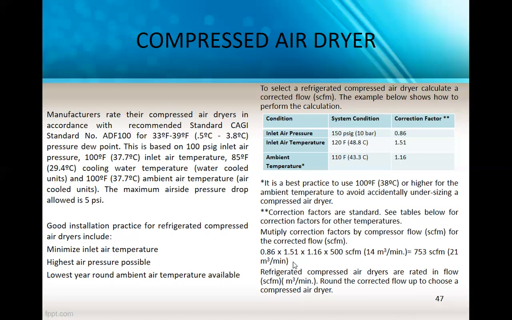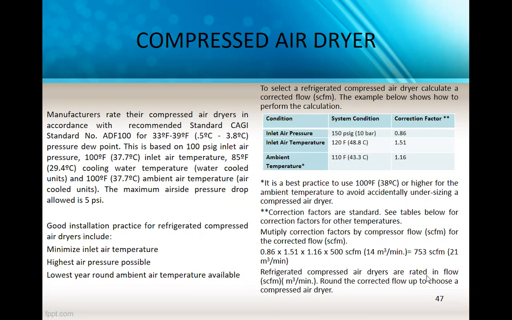So 0.86 times 1.51 times 1.16 times 500 SCFM, or 14 cubic feet per minute. So this will become 750 CFM. This 500 is your requirement. So you select equipment based on the rating. What is your factor rating, because there is a basis for that.